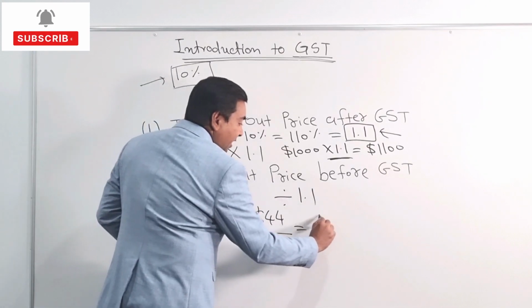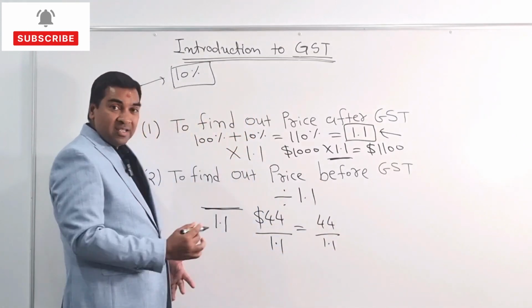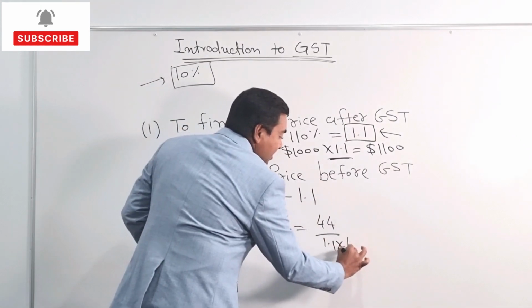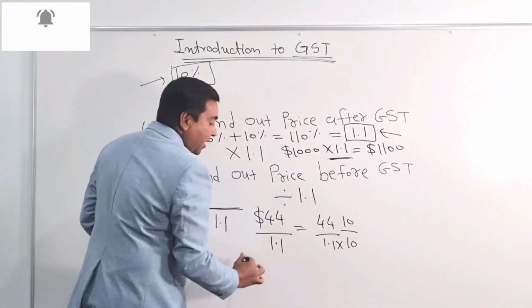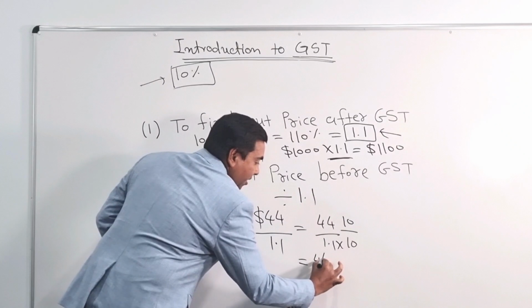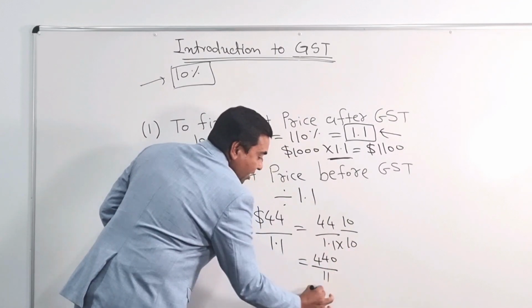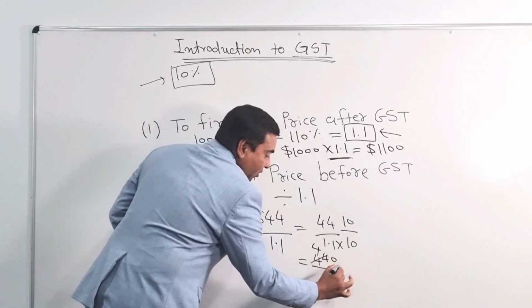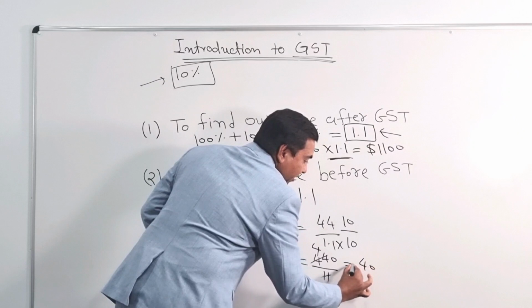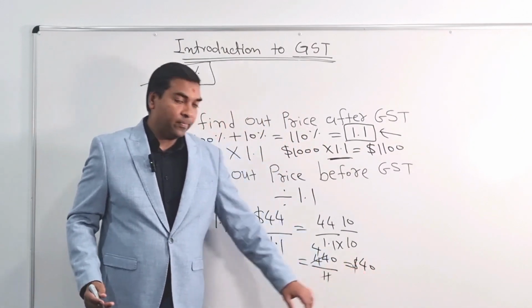Because there is a decimal involved, I can multiply by 10 here, and by 10 on the top as well. So 44 times 10 is 440, and 1.1 times 10 is 11. Now 11 fours are 44, and the 0, so that's going to be $40. So the price before GST is $40.